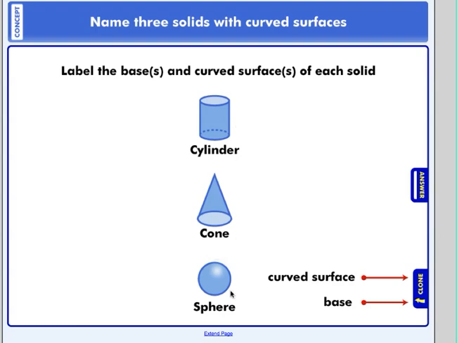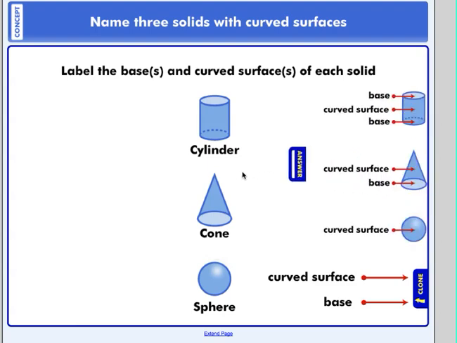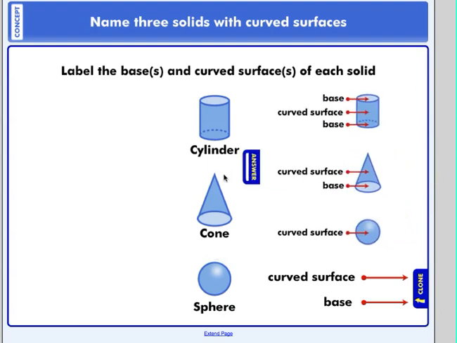Now, the sphere is the only solid that does not have at least one base. It does not have a flat side. There is no base. Cones are like pyramids. They have only one base, and then they have a vertex or the apex on the other side. Cylinders are similar to prisms because they have two bases that are parallel and congruent.